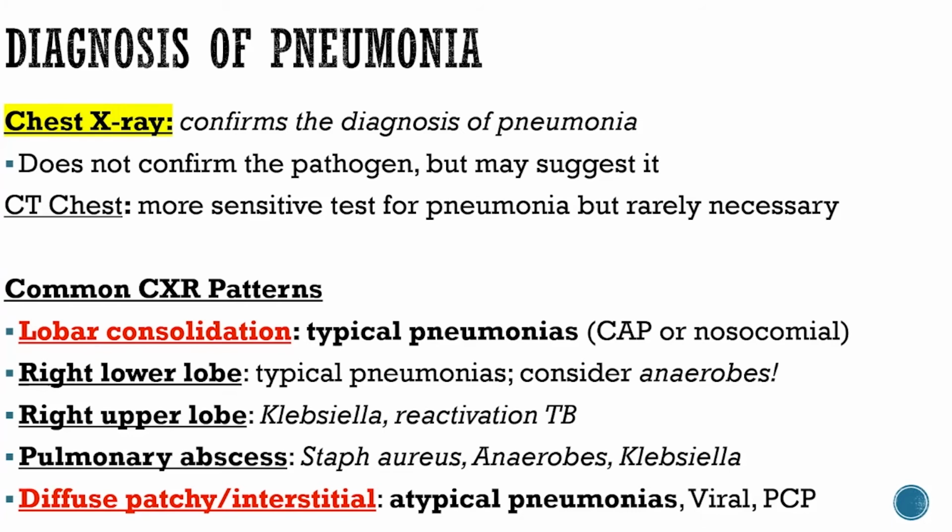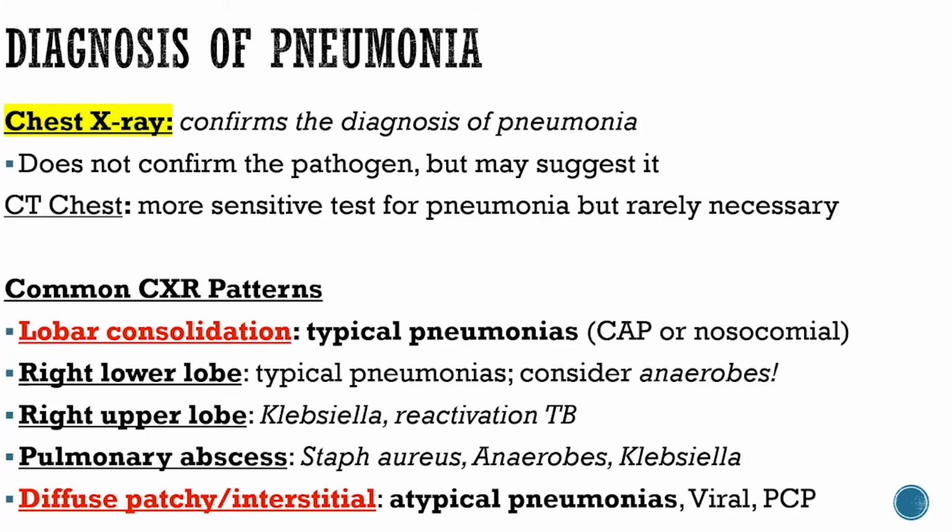The finding of a pulmonary abscess should make you think things like Staph aureus, anaerobes, or Klebsiella, because remember, those three organisms are often associated with abscesses within the lung tissue. And then lastly, a diffuse, patchy, or interstitial pattern is often associated with atypical pneumonias.